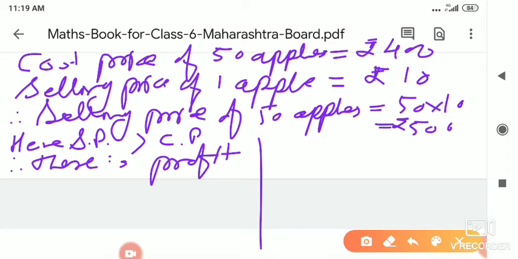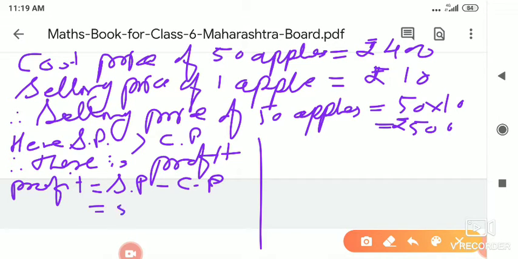So in this transaction Hanif got the profit. Now how much profit is there, that we have to find. So SP is greater than CP, therefore there is a profit. And how much profit is there? Profit is equal to what? Selling price minus cost price. So how much is the selling price?